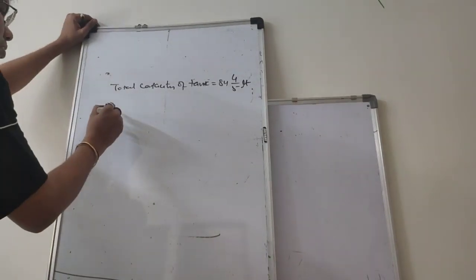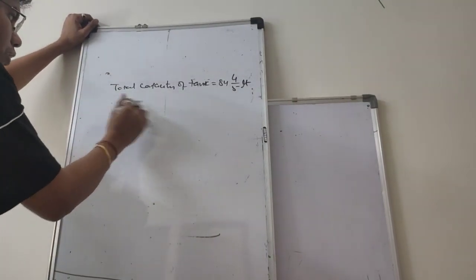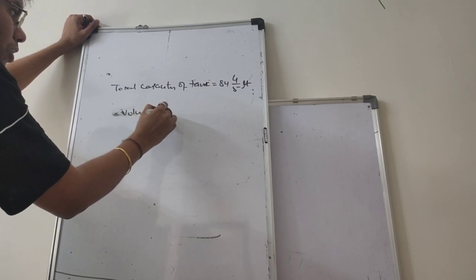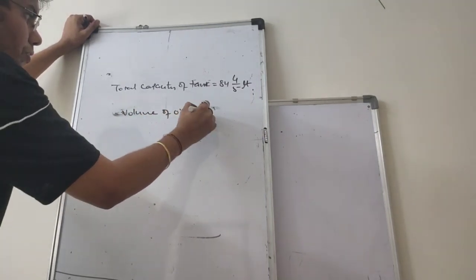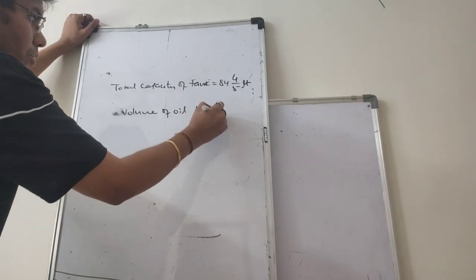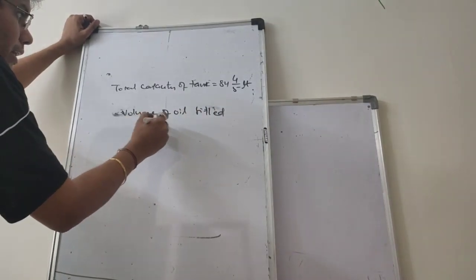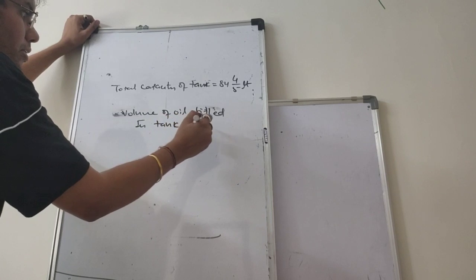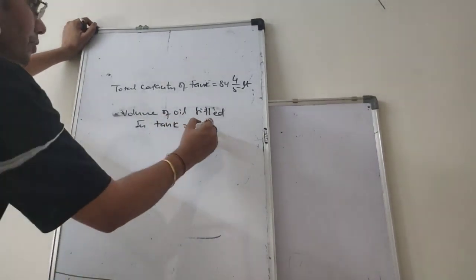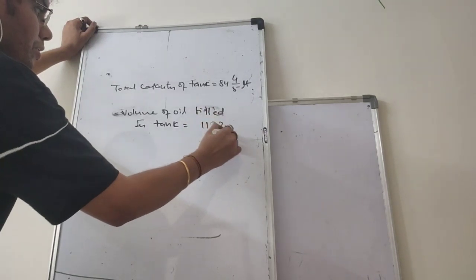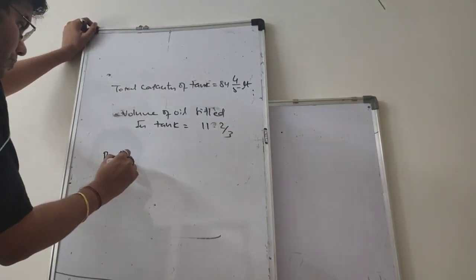Okay. Now the volume of oil filled in the container or in the tank is 11 2 by 3. So how much will the remaining volume be?